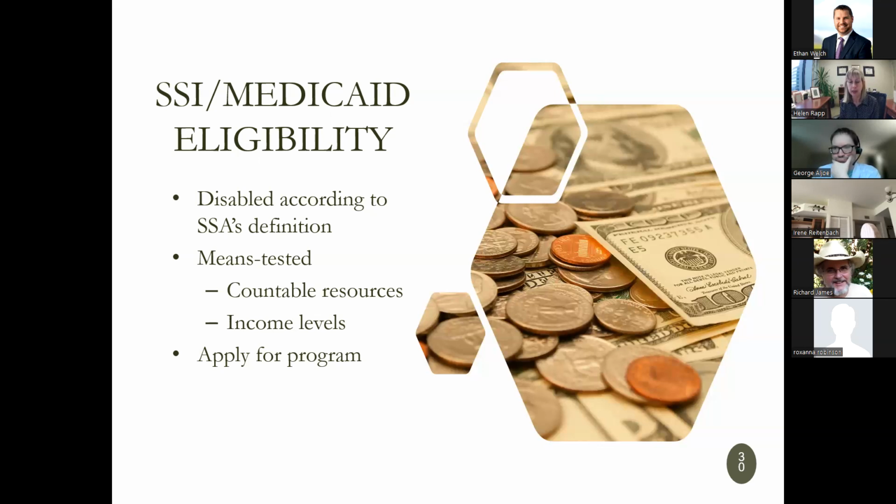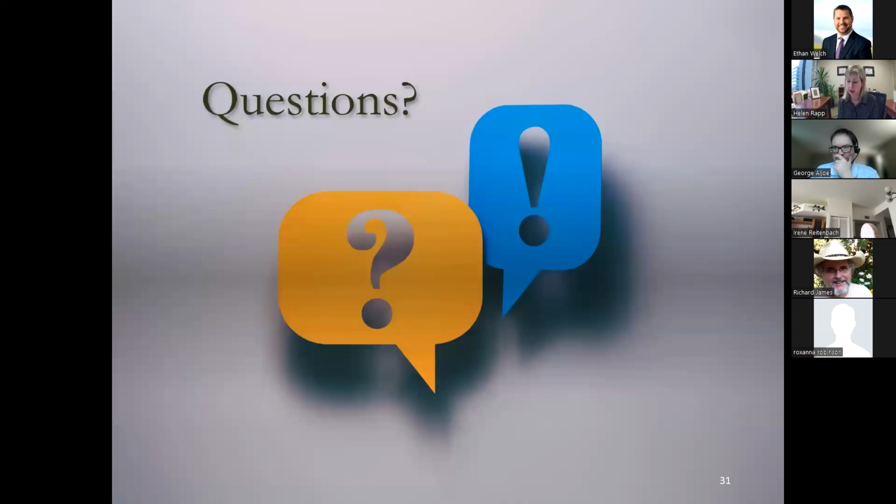If your child turns 18 and you apply and get them SSI and they get Medicaid, sometimes parents will say, we don't really need the Medicaid because they're on our health insurance and they can stay on it until they're 26 or in some cases beyond that. That's true, but there's no harm in having Medicaid as secondary insurance. So it's nice that when you get SSI, you automatically do get Medicaid.